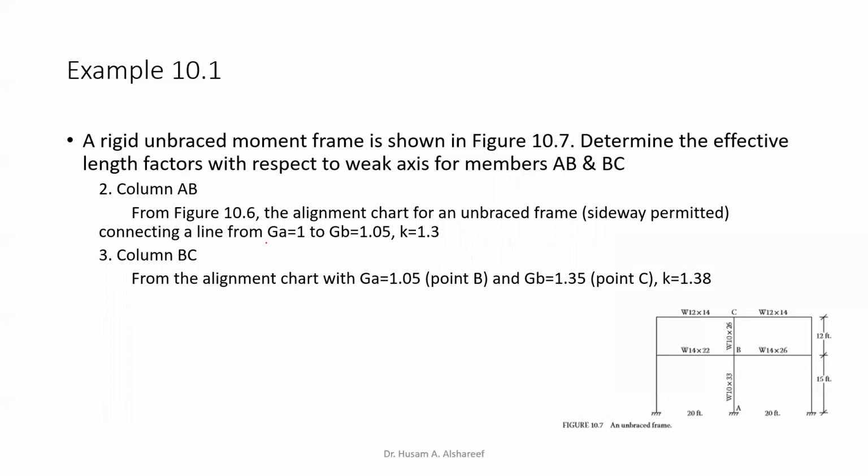Your first value, GA, is 1, and your GB is 1.05. Your K is 1.3. How did we find this? Just remember the two values. GA is 1 and GB is 1.05.